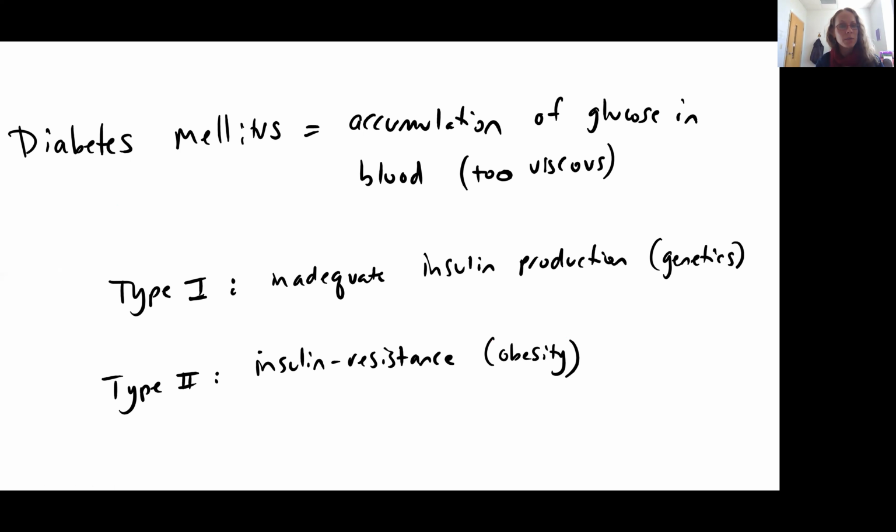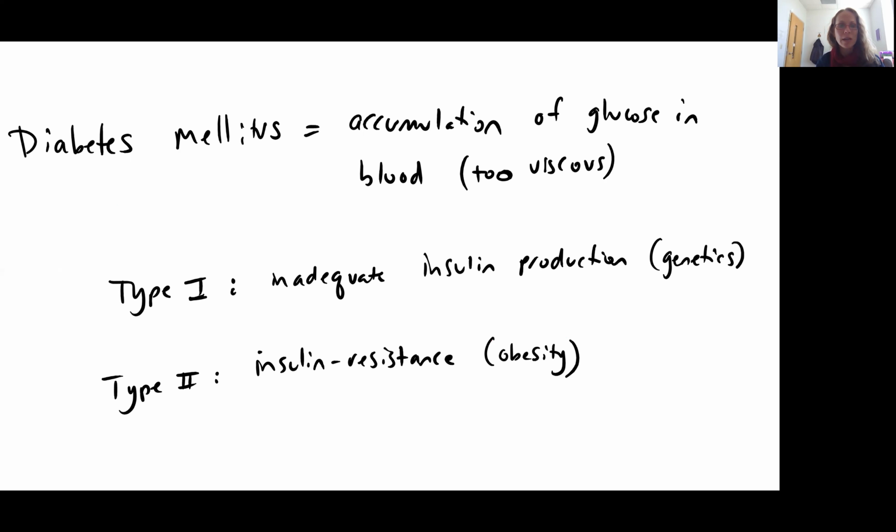Now there are two types we've talked about in the past. Type 1 is described as inadequate insulin production. So this was historically talked about as juvenile diabetes, because we do typically see this showing up with young people. And there's a genetic component to this.